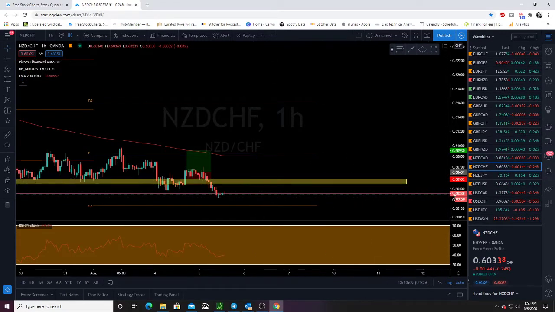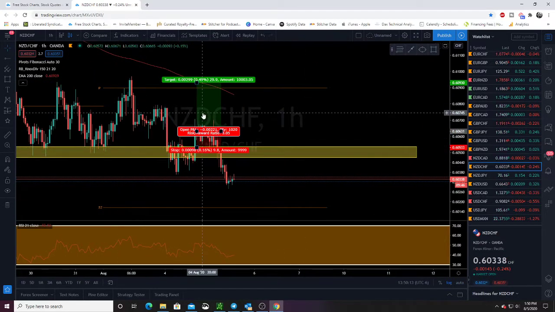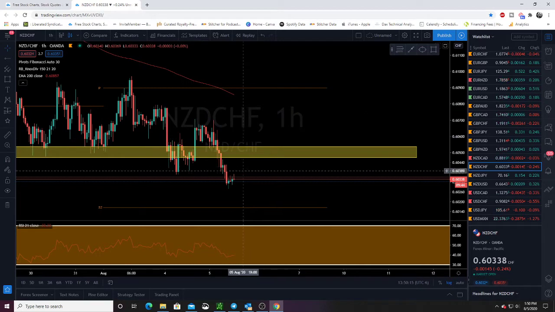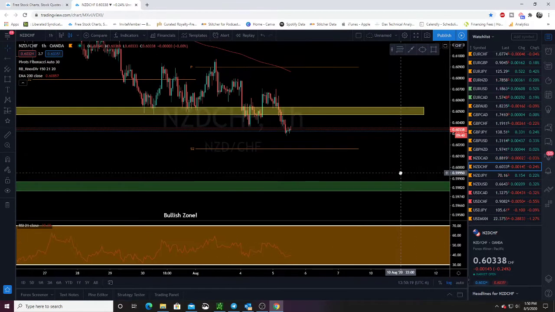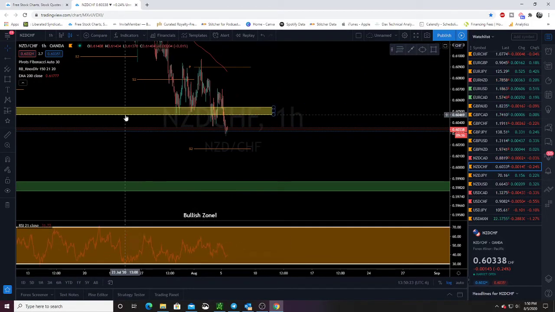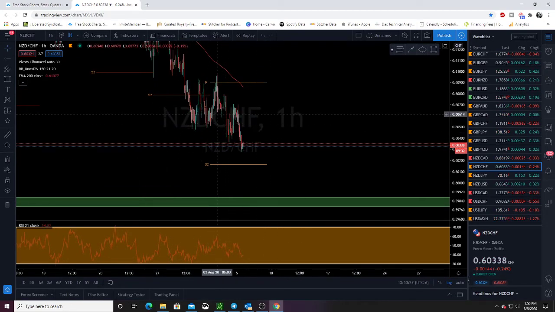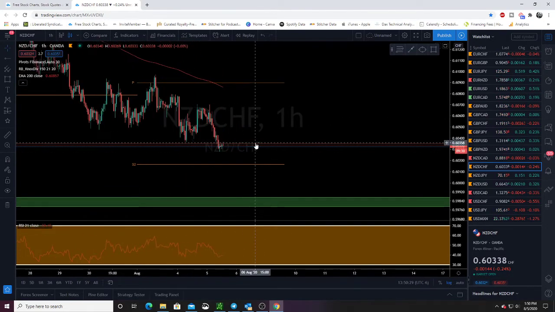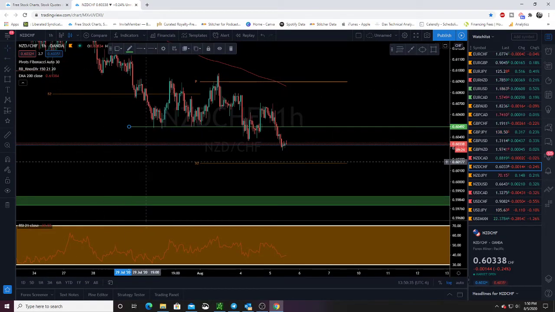NZD CHF. Here's another trade. We were playing off this resistance. That one went bad. We got out of it. No biggie. But now that we've hit this inflection zone here, right? We're in an obvious downward trend. So I'm going to want to play short if we come back up and test that. I like that.